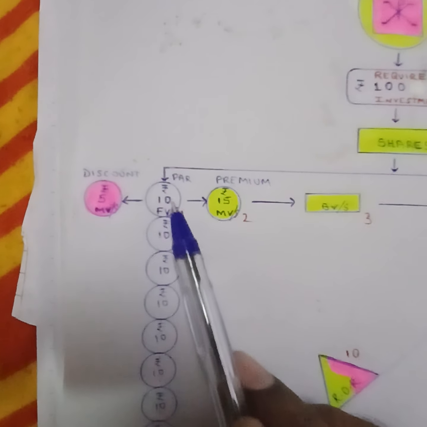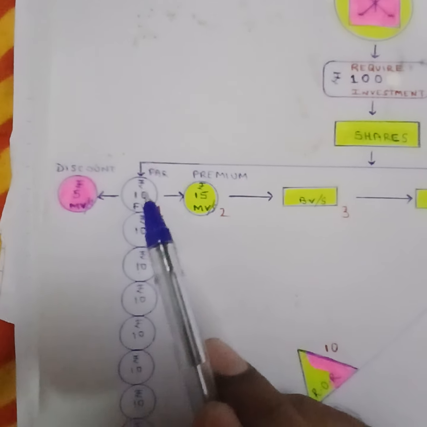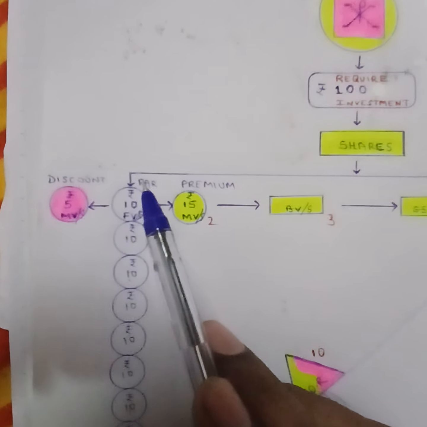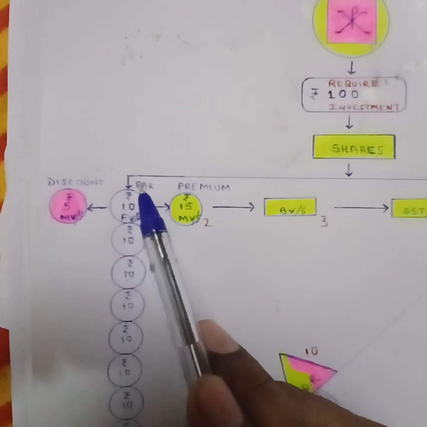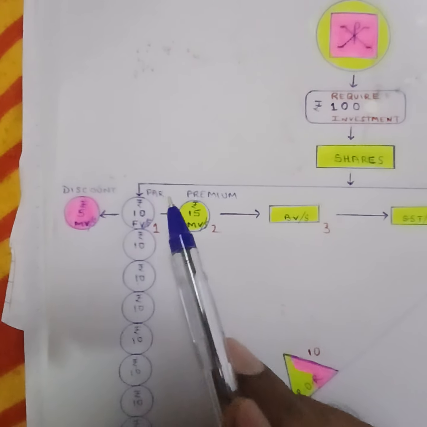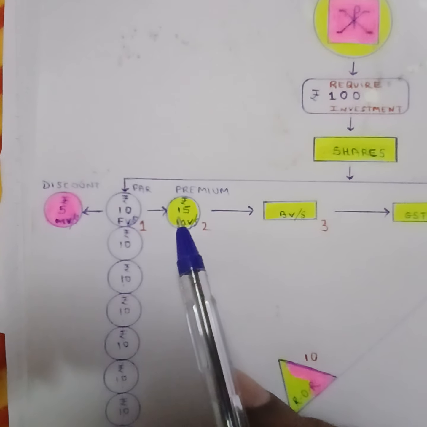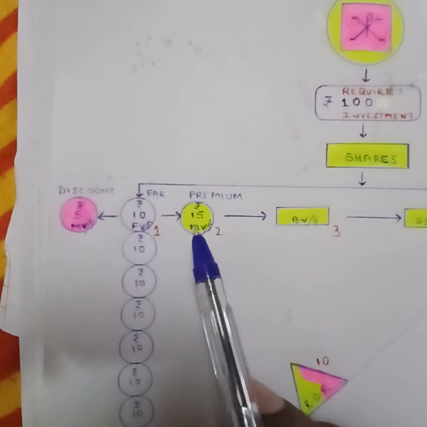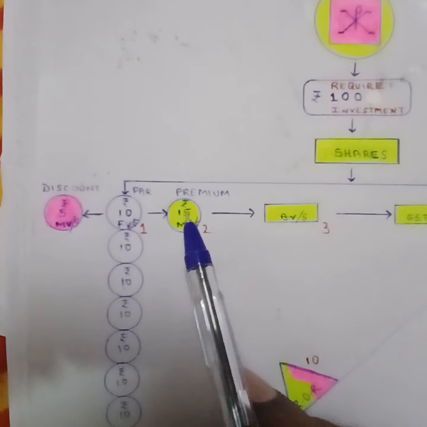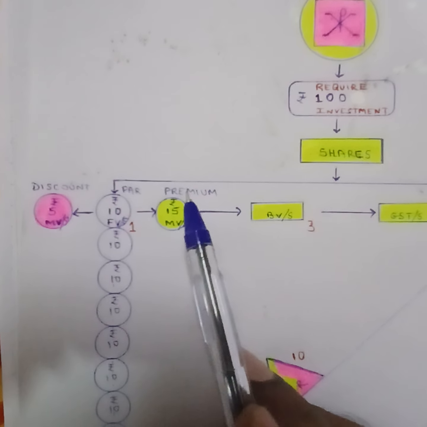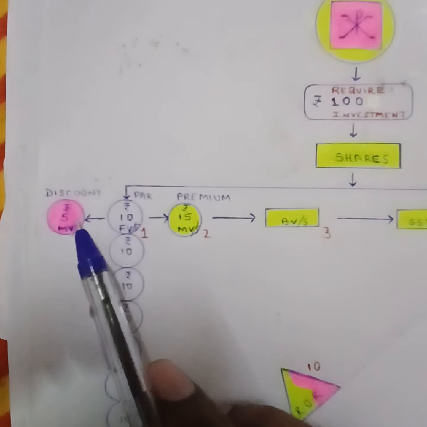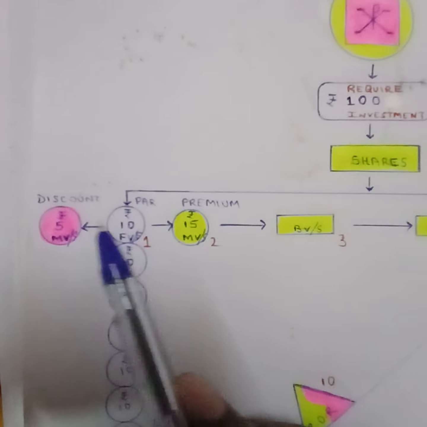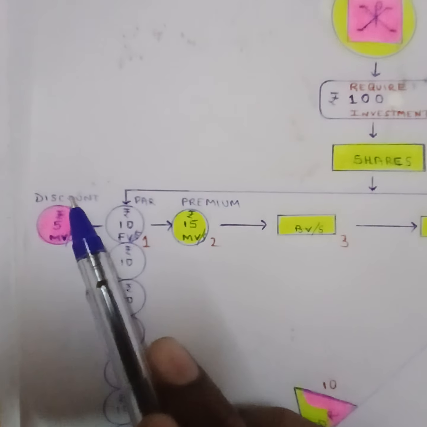Face value per share is ₹10. That is called at par when it is at market value 15, it is called at premium, and when it is at ₹5 or less than 10, that is called discount.